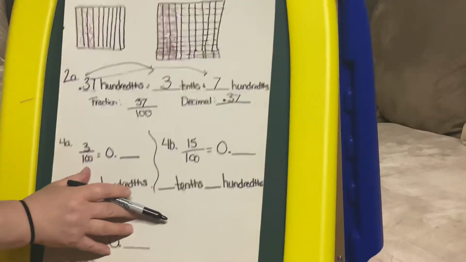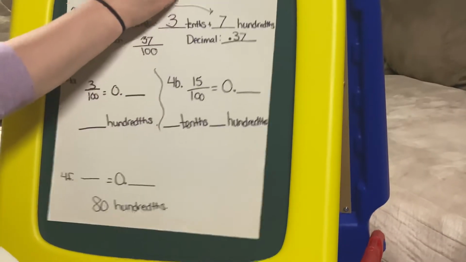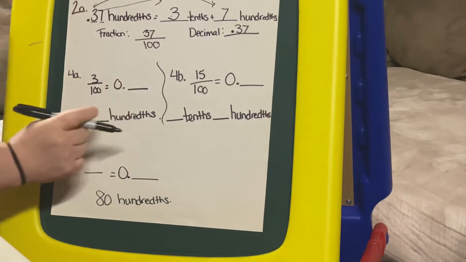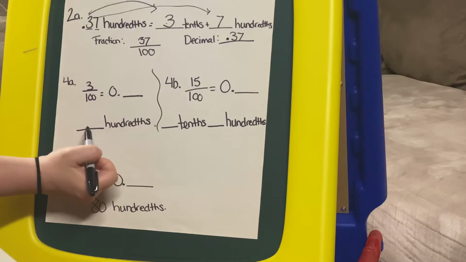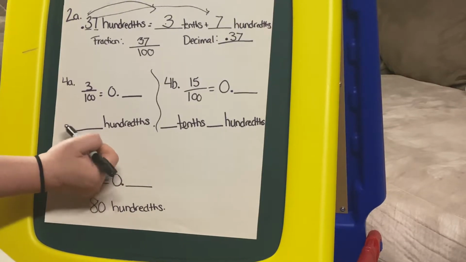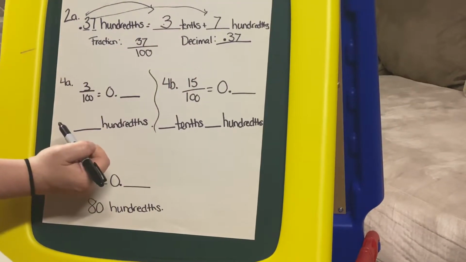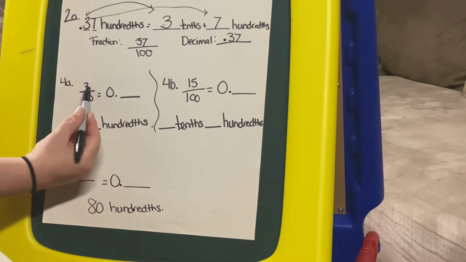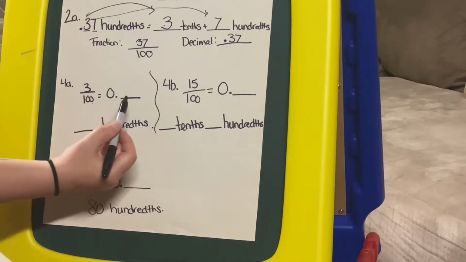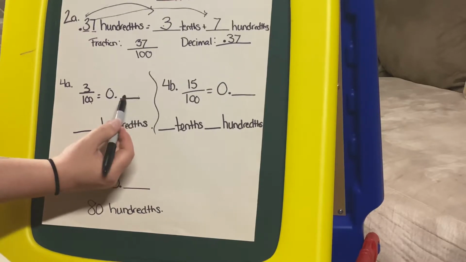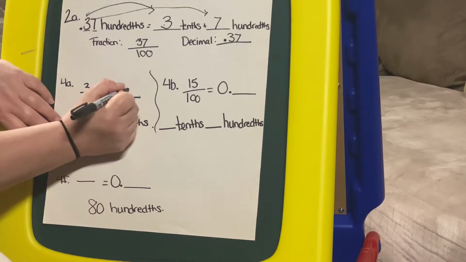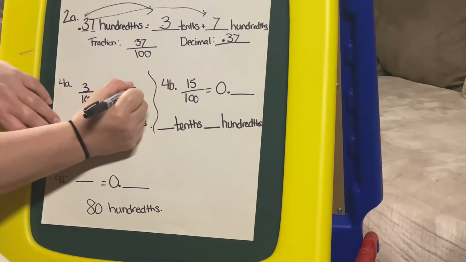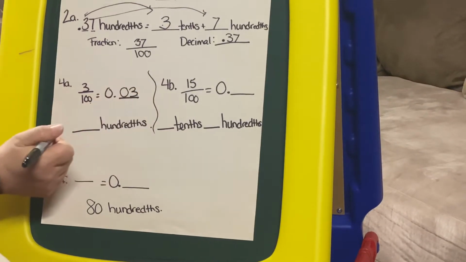Let's move down just a little tiny bit over here where they're looking at 3/100, and they want you to write that as a decimal, like we would have done up here, okay? 3/100, which makes me know that I need 2 decimal places here, okay, guys? So remember, 0.03, okay?